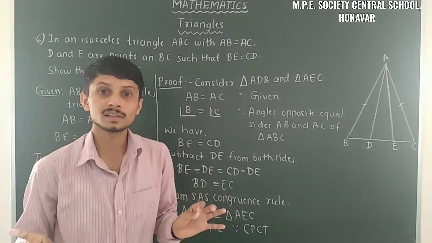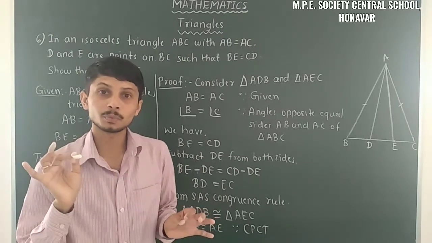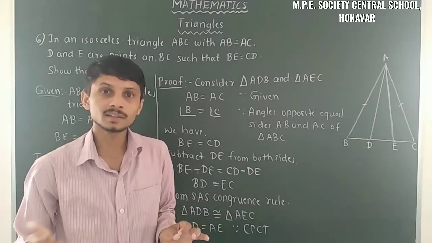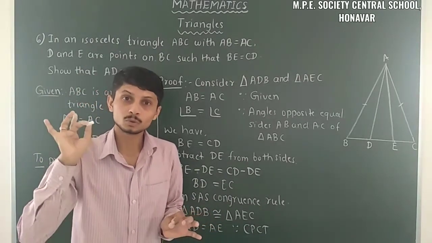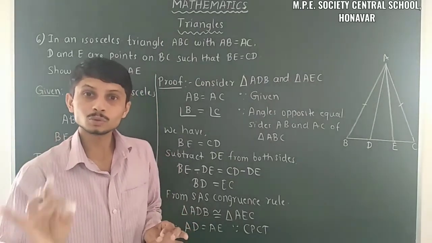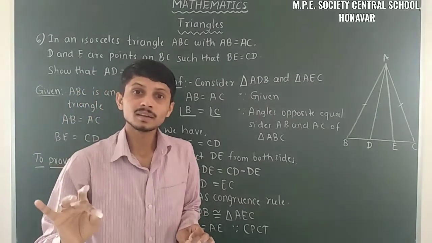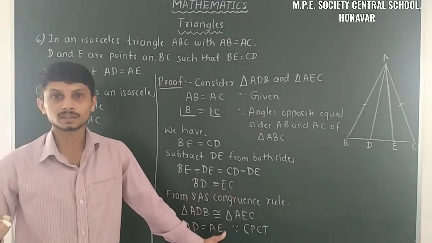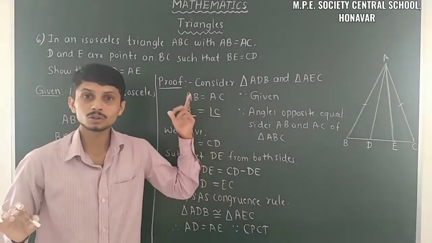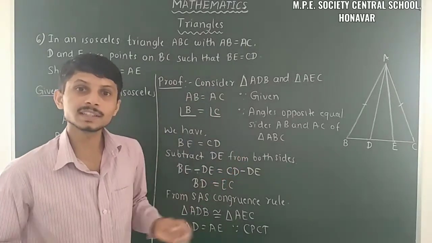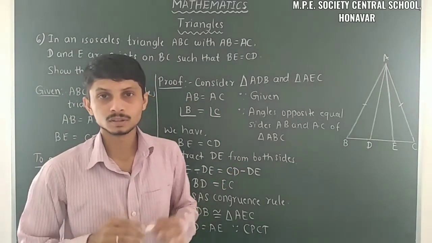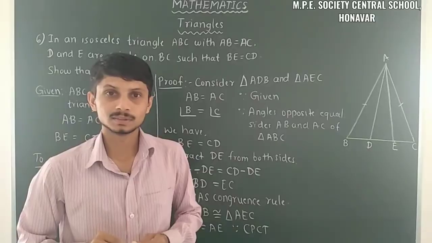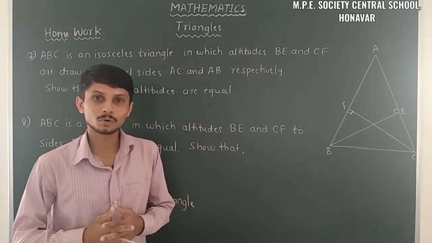Otherwise we can't take them as corresponding parts. So you have to find those two triangles, and the part to prove is the corresponding parts of those two triangles. So let us take some homework based on these problems.